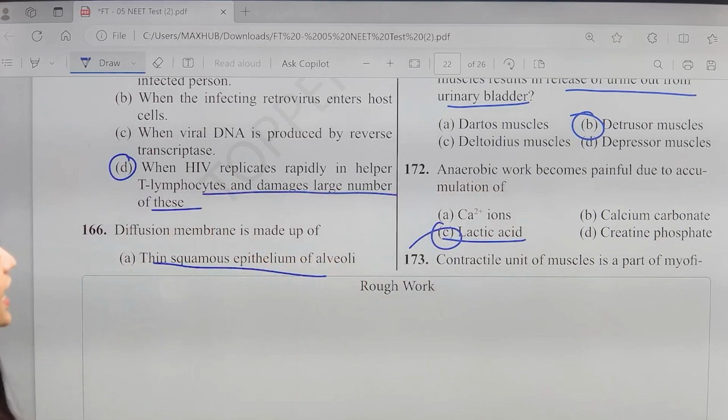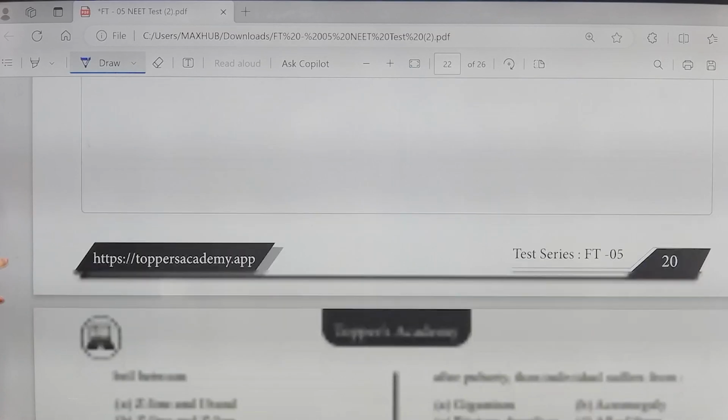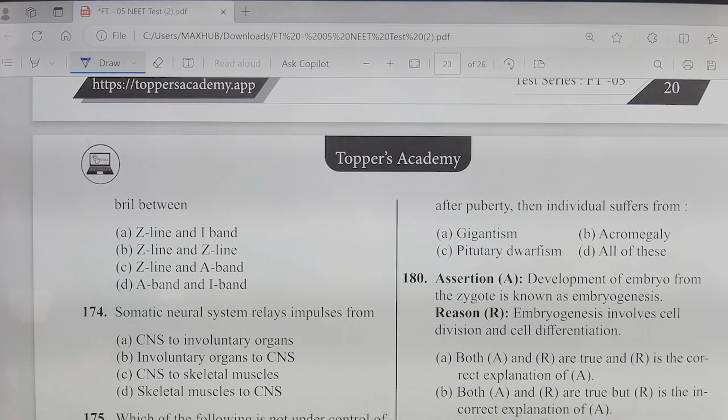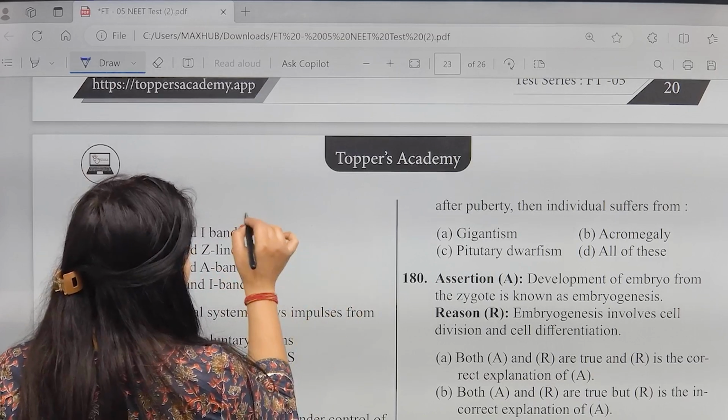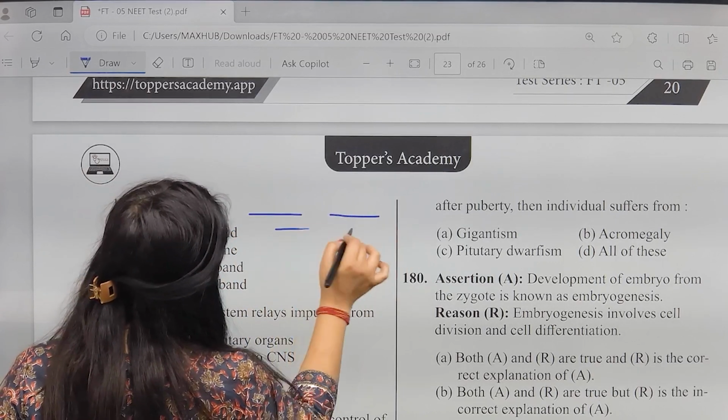The contractile unit of muscle is the part of the myofibril between one Z line and the next Z line. Okay. If you remember the class, there are some proteinaceous lines which only bisect the thin filament. Suppose this is the thin filament and this is your thick filament.